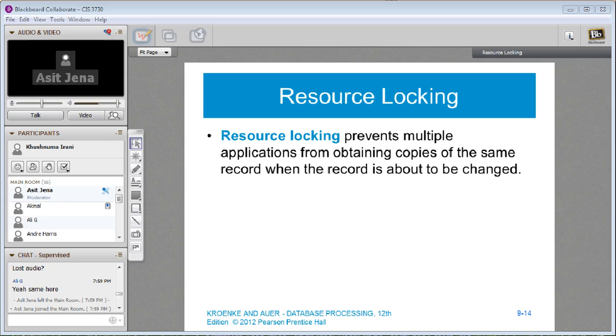So locking basically means that two employees do not update a record and overwrite each other, so there is a concept of locking. When employee A comes in, locking prevents multiple applications from obtaining copies of the same record when the record is about to be changed.